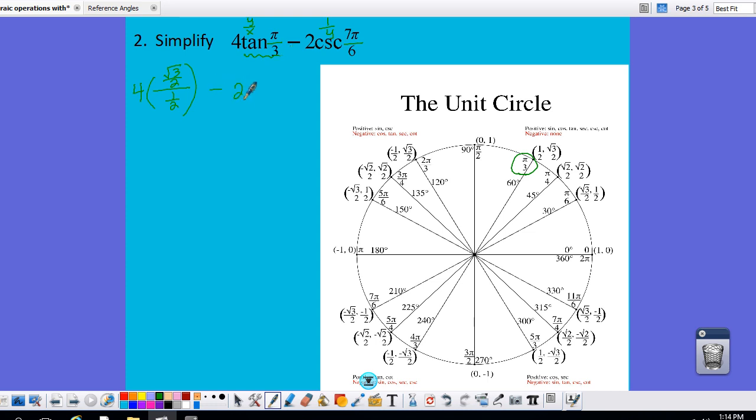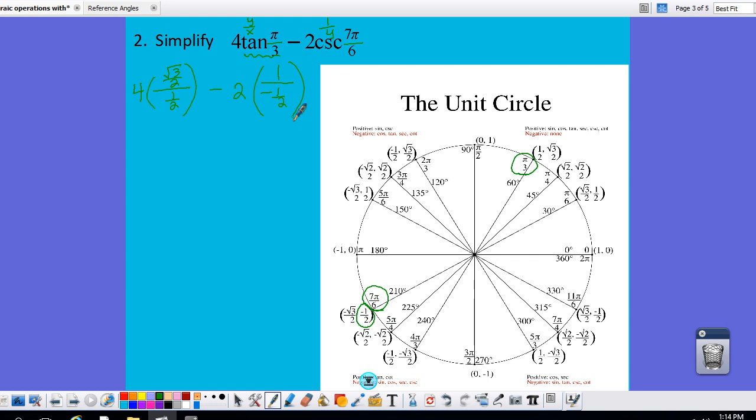Then I have minus 2. Now I need cosecant of 7 pi over 6. So I go to my unit circle, I find 7 pi over 6. Cosecant is going to be 1 over the y value. My y value is negative 1/2. So I have 1 over negative 1/2 for cosecant.